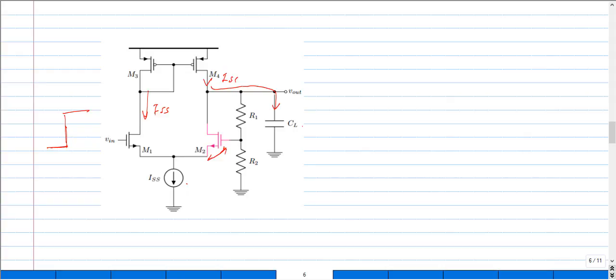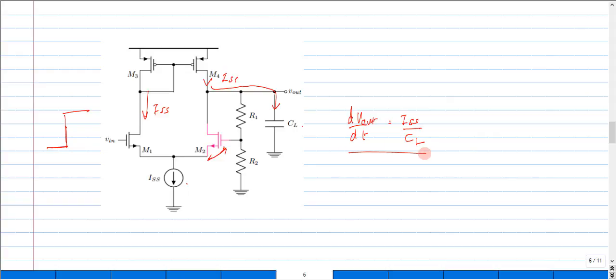I guess you get the answer. We know that dVout by dt is given by the current divided by CL, right? Yeah, so this is nothing but the rate at which the output increases.